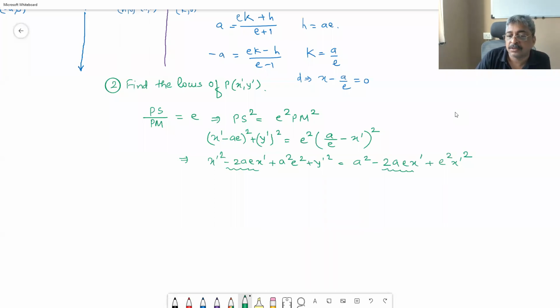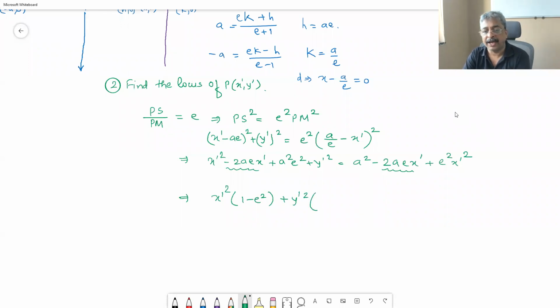Is everything going right? So, x' squared minus, now e is less than 1, so it is good to write x' squared inside bracket (1 minus e squared) plus y' squared inside bracket 1. There is no other y' squared here, good, is equal to, and there is no x' term, so it is good.